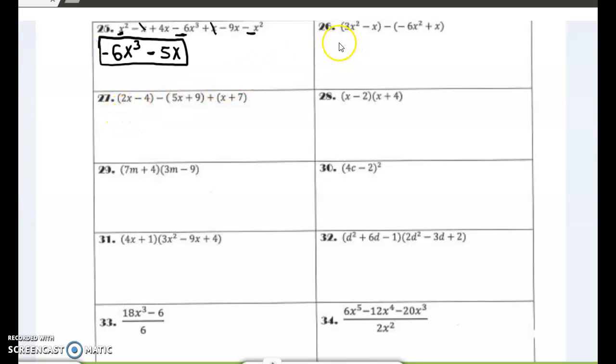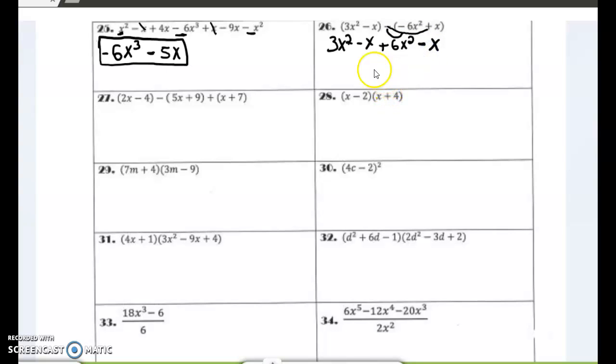All right, next one. Remember when you are subtracting, you must distribute the negative sign to the two terms inside of the parentheses. So that would be a positive 6x squared. And don't forget to do it to the second one. That always seems to be a problem. And that's going to be a negative x.